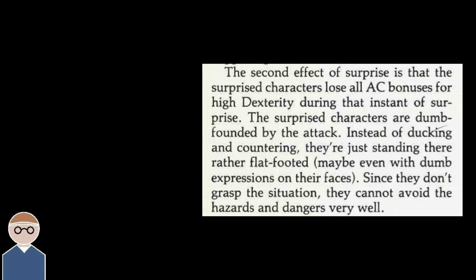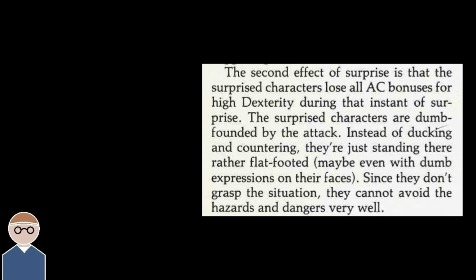The next part of the text tells us that another effect of surprise is that while characters are surprised, they lose their dexterity-based AC bonuses. It doesn't say anything about losing dexterity bonuses to saving throws, but if you want to run it that way, I guess you could.